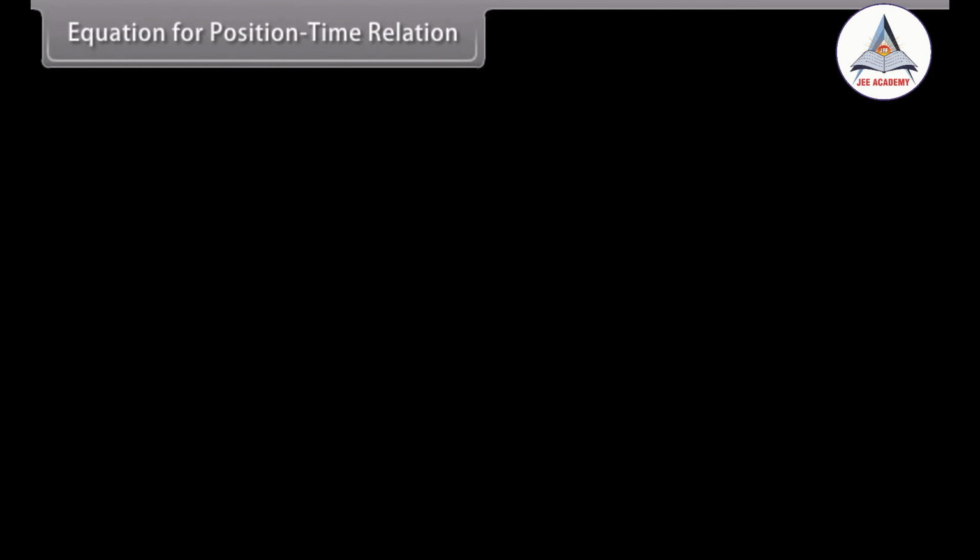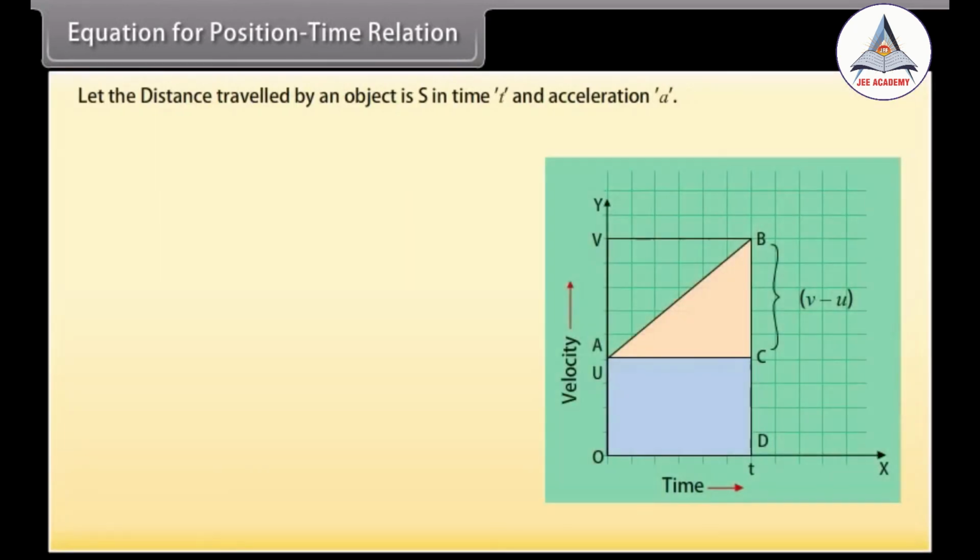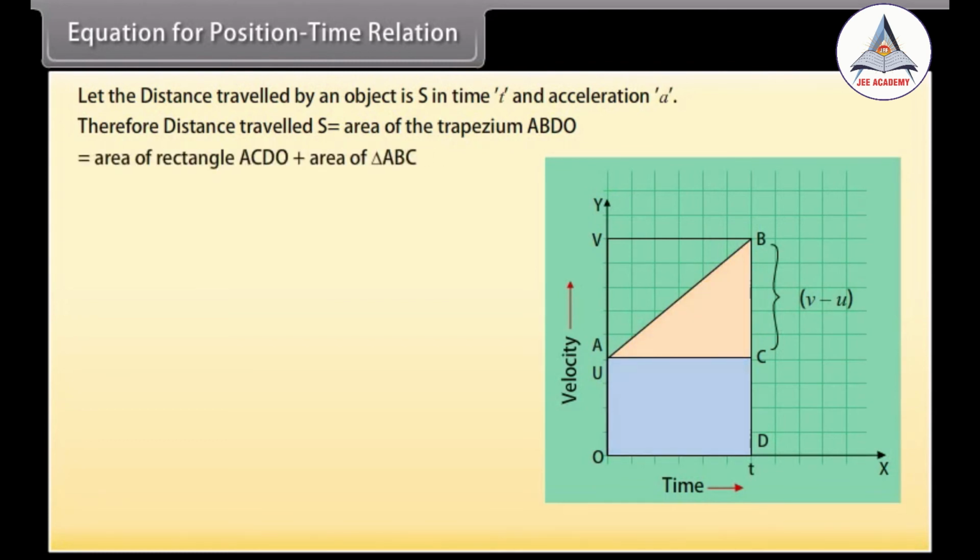Equation for position-time relation. Let the distance traveled by an object be s in time t with acceleration a. We can see that the distance traveled by the object is obtained by the area enclosed within the graph. Therefore, distance traveled s is equal to the area of the trapezium ABDO, which equals the area of rectangle ACDO plus the area of triangle ABC, which is OD into OA plus 1/2 BC into AC.